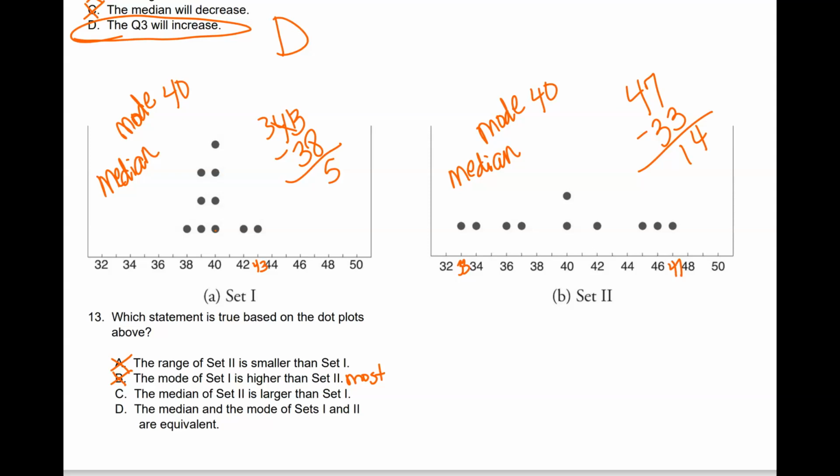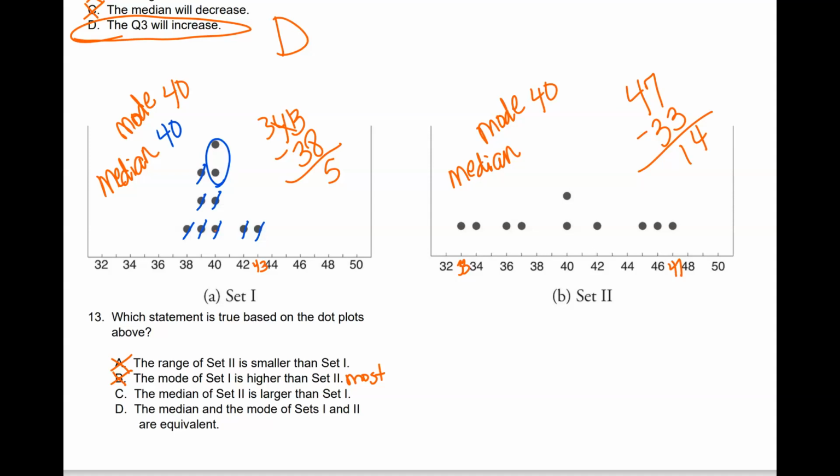You could write down your numbers and then cross them out if you wanted to do that as well. Okay, I'm going to start with set 1. We're going to cross out our smallest number, our biggest number. And then we're going to go to the next one, next one, next one, next one, and so on, like that. Okay, we have 2 numbers that are in the middle, but that's okay because they're both the same numbers. So our median for set 1 is 40.